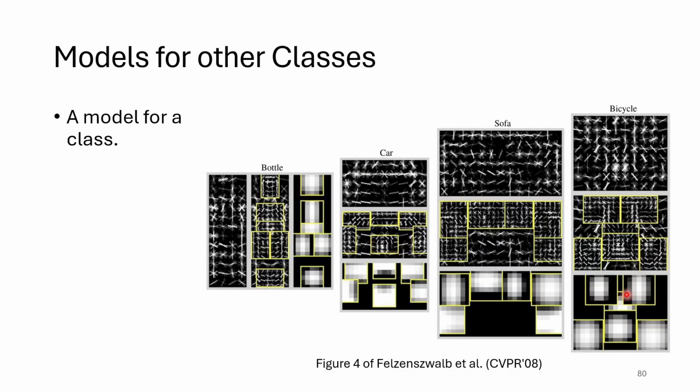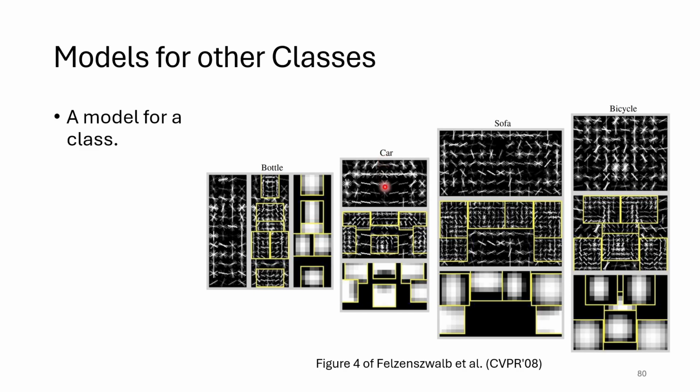Since there are 20 classes in the Pascal VOC dataset, they need to develop 20 classifiers, one for each of the classes. This is a bottle. You can see the rough shape of the bottle and each detailed piece.